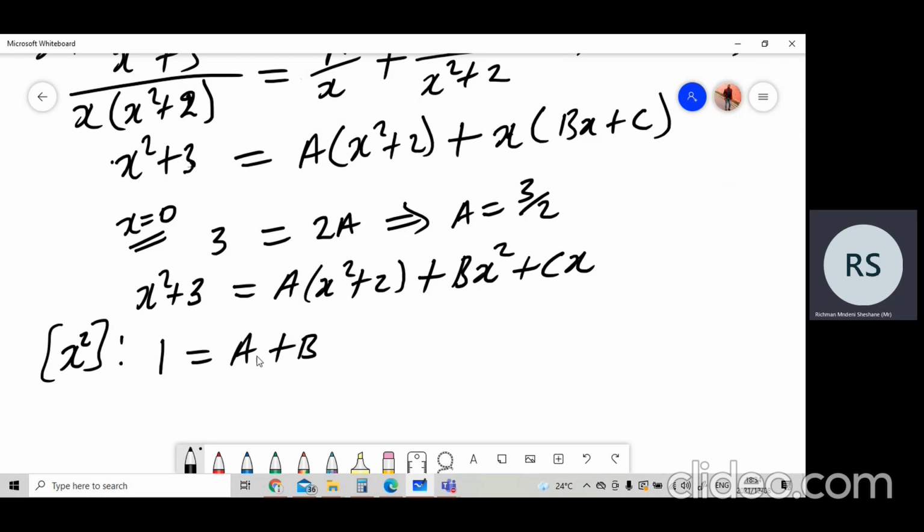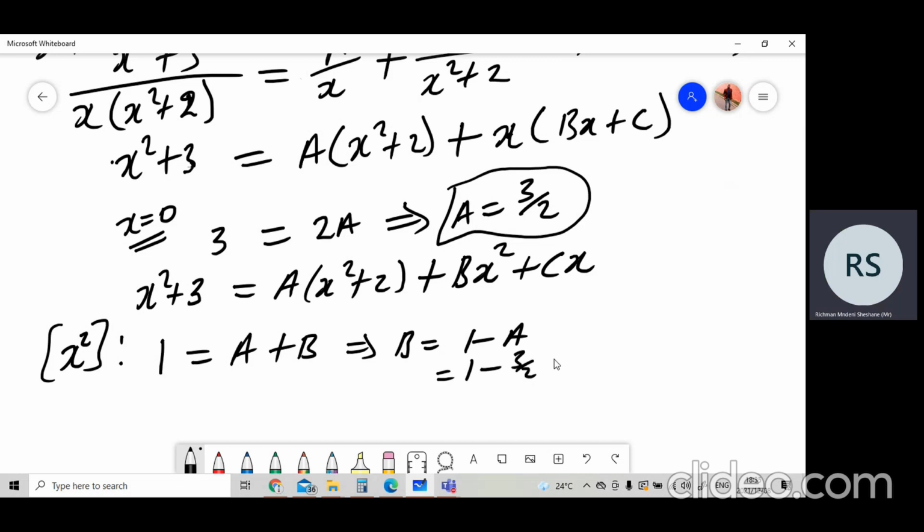And after you form the equation, in terms of the constant here, always check back the constant you already got from the previous step. You see we already found the value of a, so just substitute a here. You see b is equal to 1 minus a, and then it should be 1 minus 3 over 2.